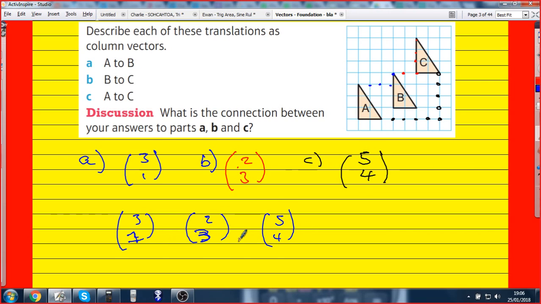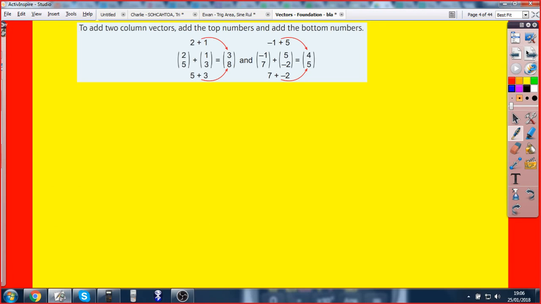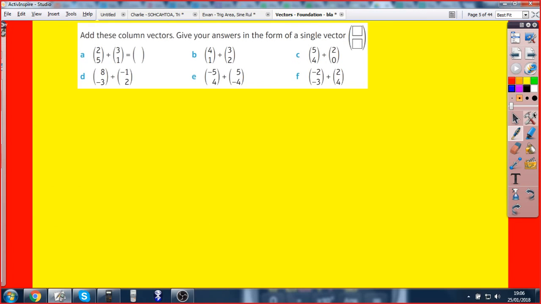Is it the previous number added to make the end number? Yeah. And so it's like from A to B and then B to C is the same as from A to C. So you can just add those two and get what it would be from A to C. Any questions there? No. Okay. And so you can just add across like that.